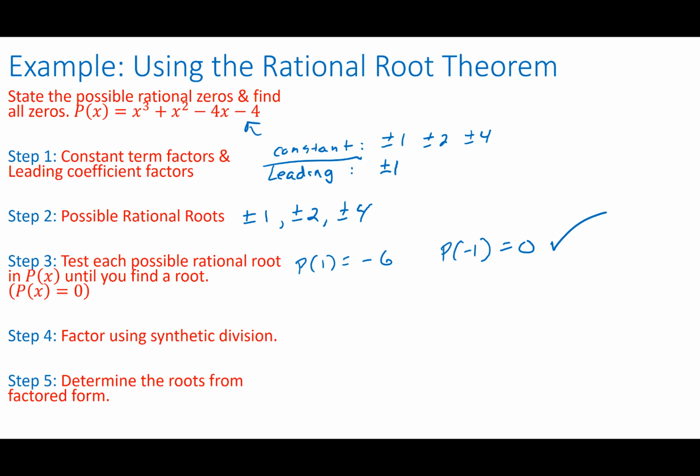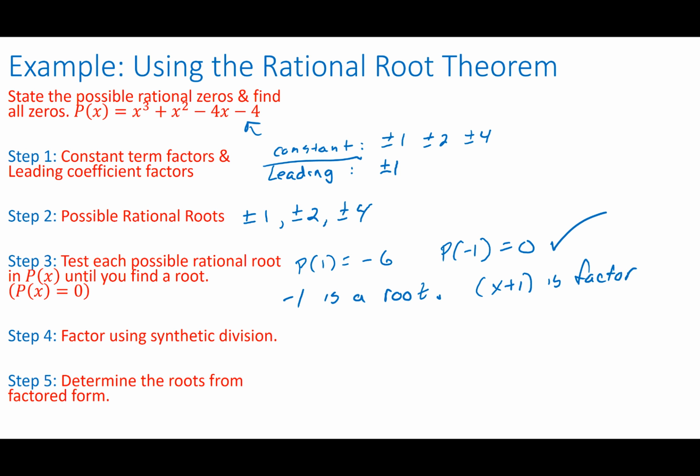So I know -1 is a root, and because -1 is a root, I'll say x plus 1 is a factor. So make sure you're making that connection: once we find the root, if we were to write it as a binomial, that's the factor piece. So we have to pay close attention to those signs.